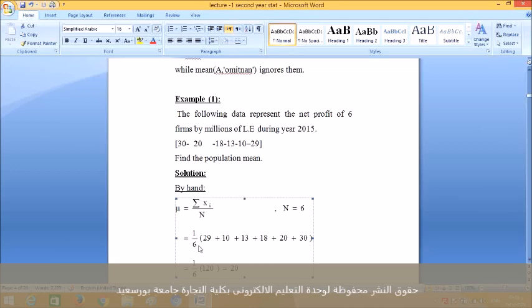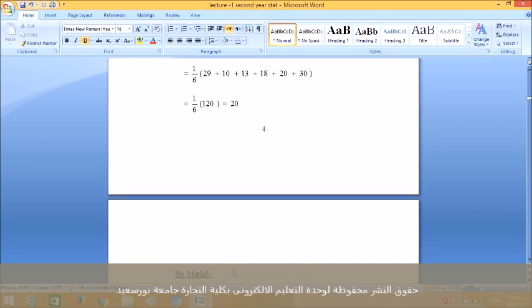So the result will be 1 over 6 multiplied by the summation of all values. The summation will be 120 and divided by 6, so the result will be 20. So the mean of this population is 20 million Egyptian pounds.